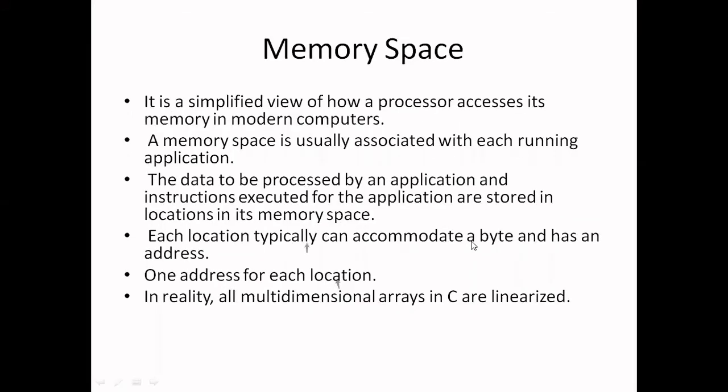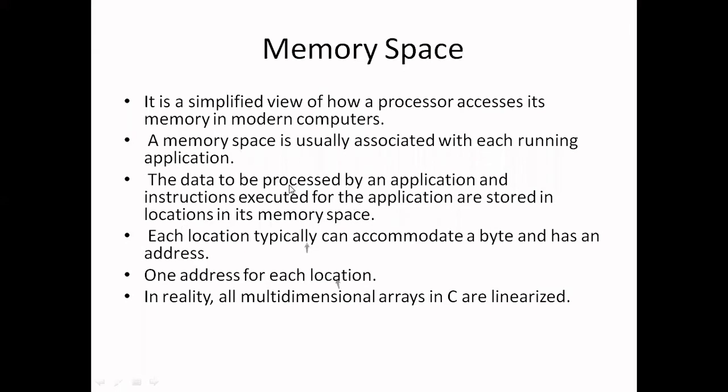So what we are going to do, you should understand the memory space first. You can understand memory space as your RAM, where you keep your data as well as your program while executing.